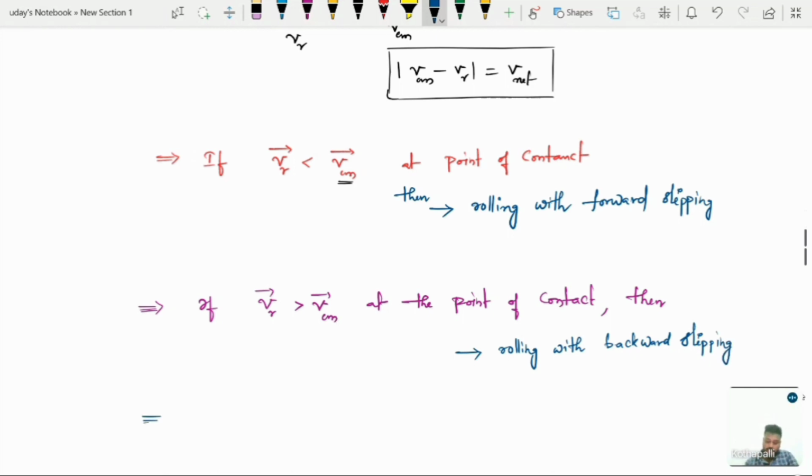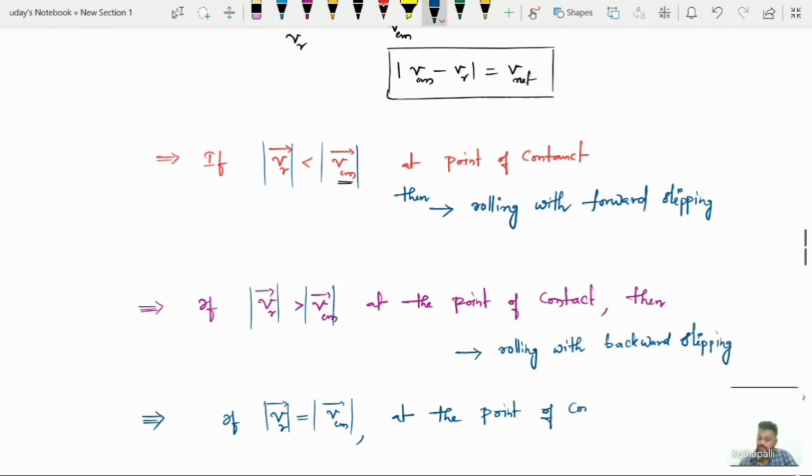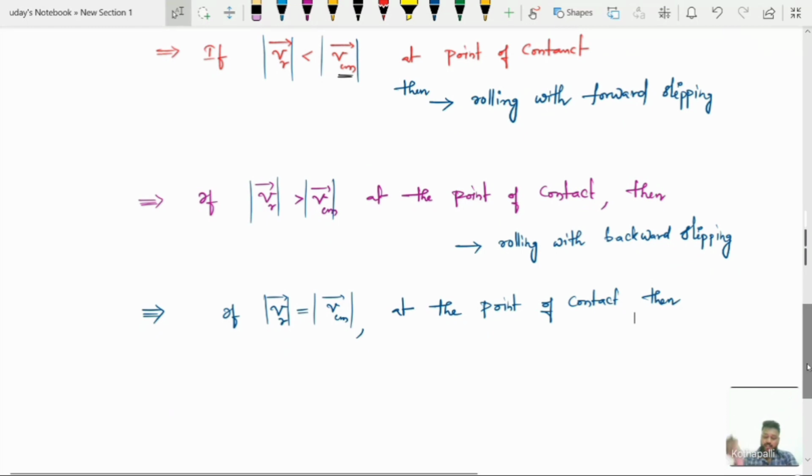In the third case, if VR is equal to VCM in magnitude, then at the same point of contact, the forward velocity and backward velocity of the point of contact are the same.